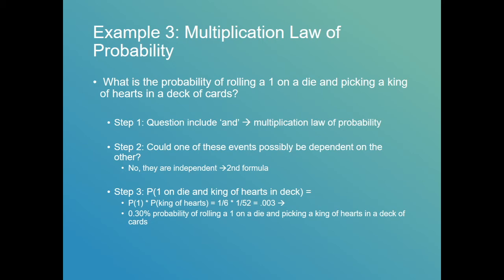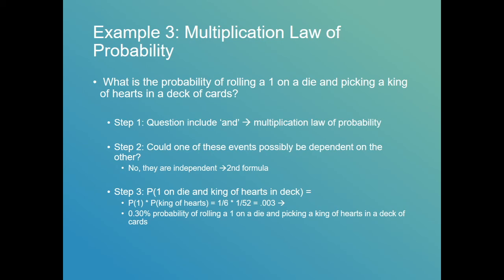So the probability of rolling a 1 on a die, there's 6 sides to a die, so there's a 1 out of 6 probability of rolling a 1. We're going to multiply 1 divided by 6 by the probability of getting a king of hearts from a deck. So there's 1 king of hearts per deck, so there's a 1 out of 52 chance of getting the king of hearts out of the deck by pulling 1 card.